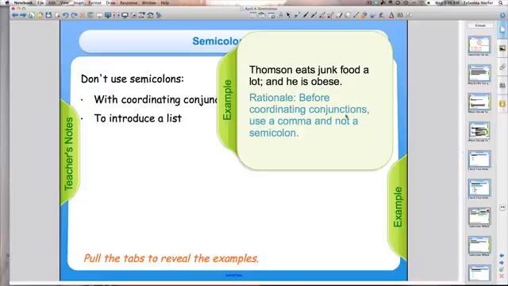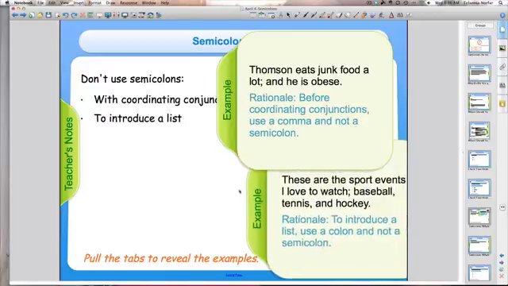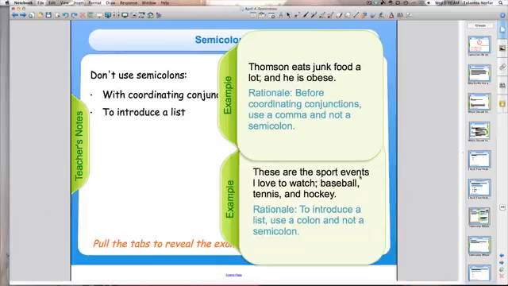Rationale: before coordinating conjunctions, use a comma and not a semicolon. Okay, and the second one. These are the sport events I love to watch: baseball, tennis, and hockey. Rationale: to introduce a list, use a colon and not a semicolon. So the mark after "watch" should have been a colon as opposed to a semicolon.